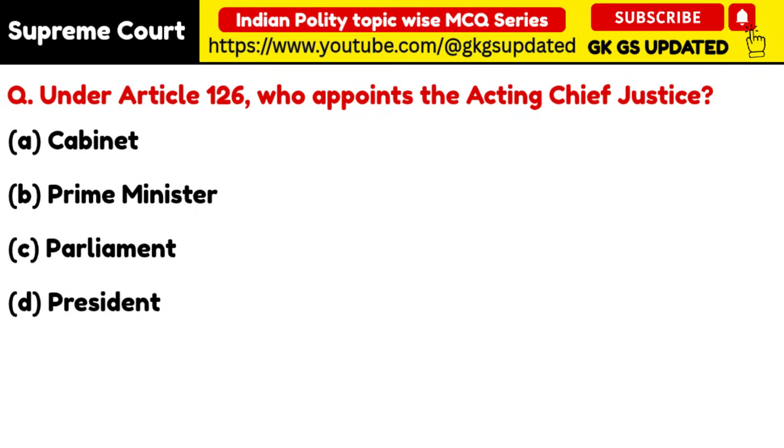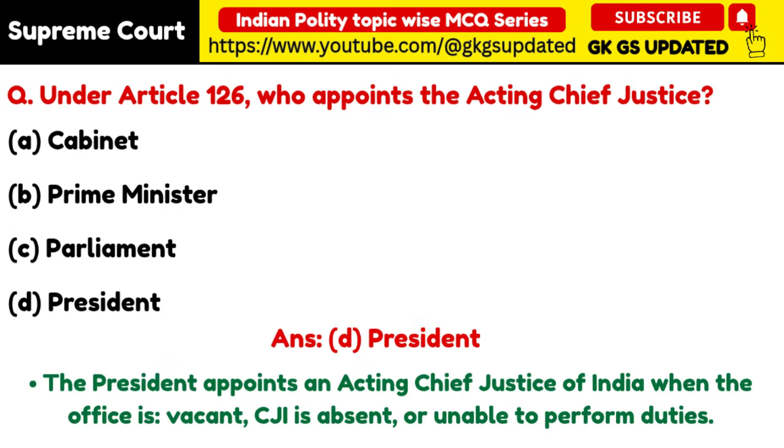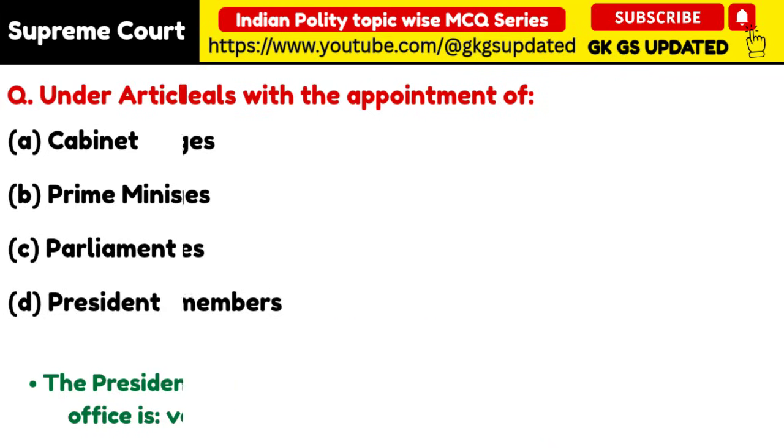Next question. Under Article 126, who appoints the acting Chief Justice? Correct answer, President. The President appoints an acting Chief Justice of India when office is vacant, or the CJI is absent or unable to perform duties.